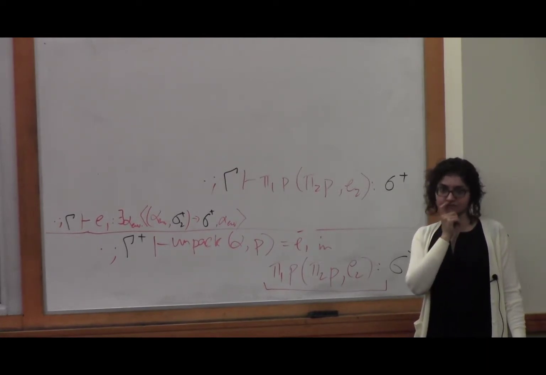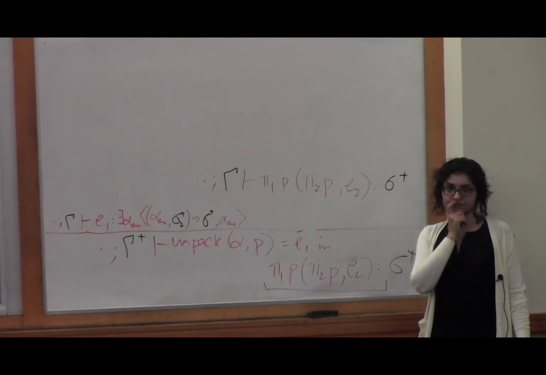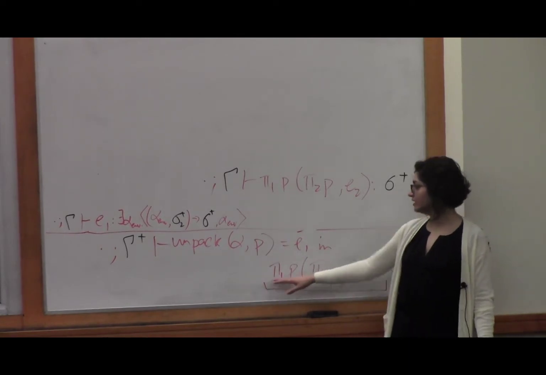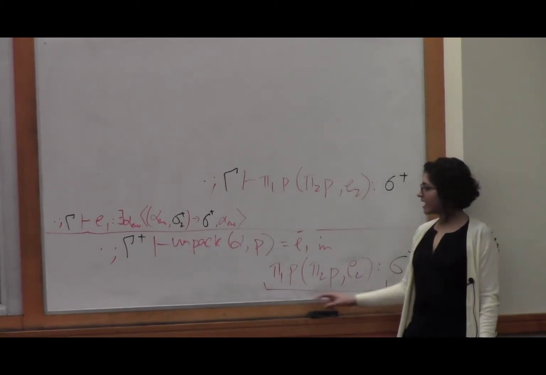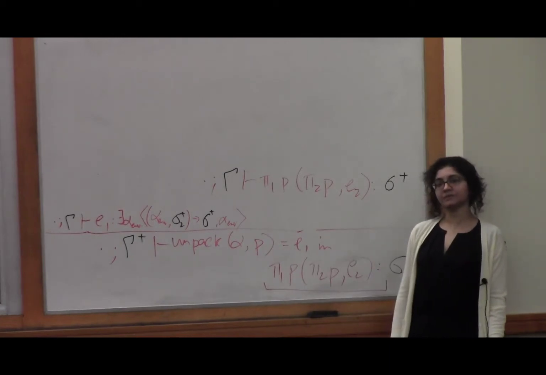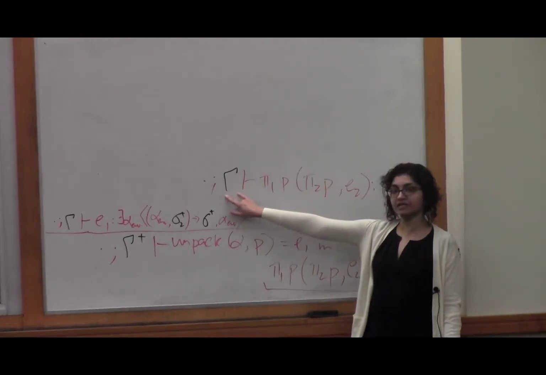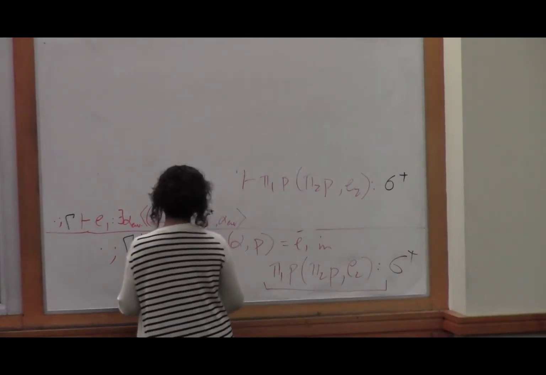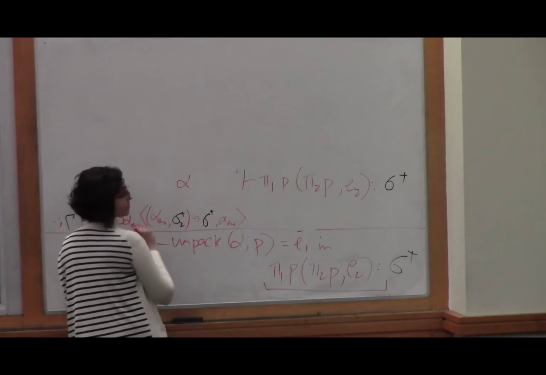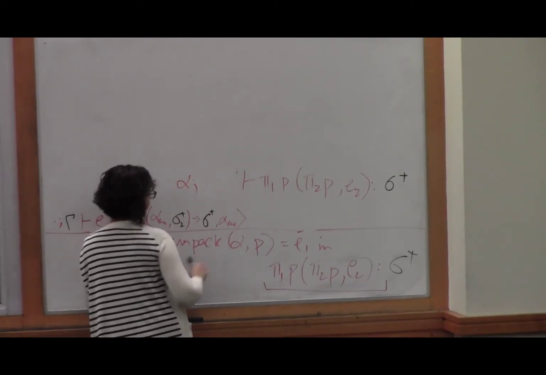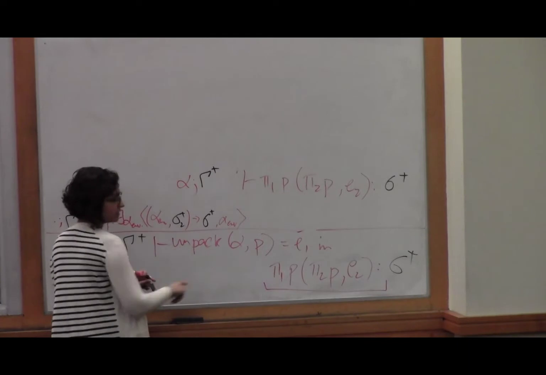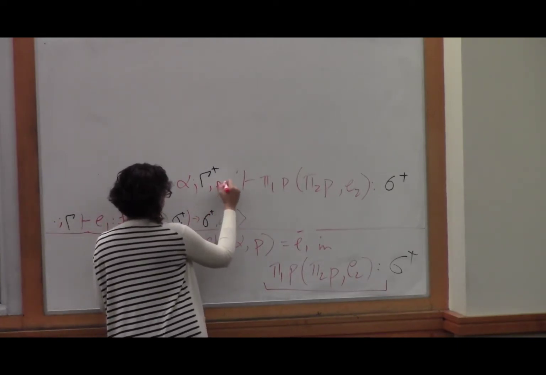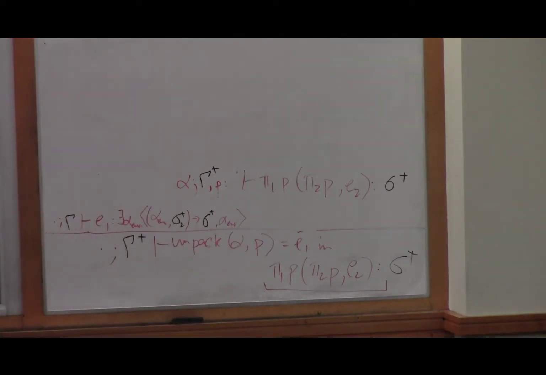What did I miss? The translation? No, think about the unpack typing rule, right? Unpack says unpack E1 in E2. The body, this thing, the body of the unpack, can have alpha and P free in it. So I have to put alpha and P into the environment right here, right? That's what I did not do. Okay, so we put alpha there. We already have our gamma plus, but we have to extend it with a type annotation for P. What is the type annotation for P?